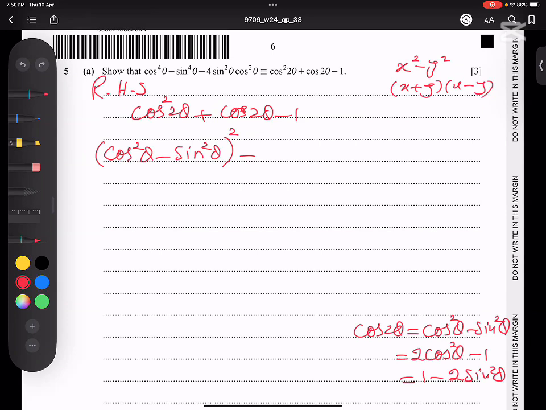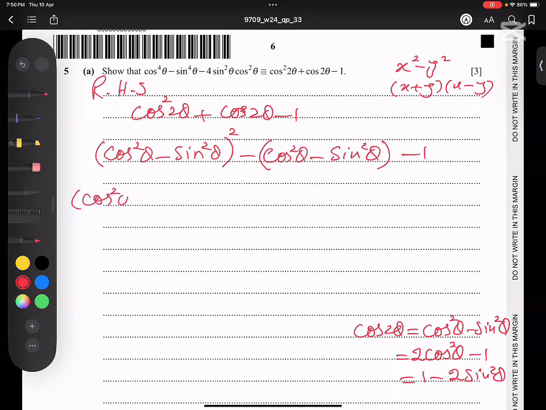So better to use, I think we can go for, just a minute. Yeah, so I can use the first one, cos square theta minus sine square theta. This I got it here, minus 1. Here power 2 we have, I can expand it. When I expand it, students, what happened?